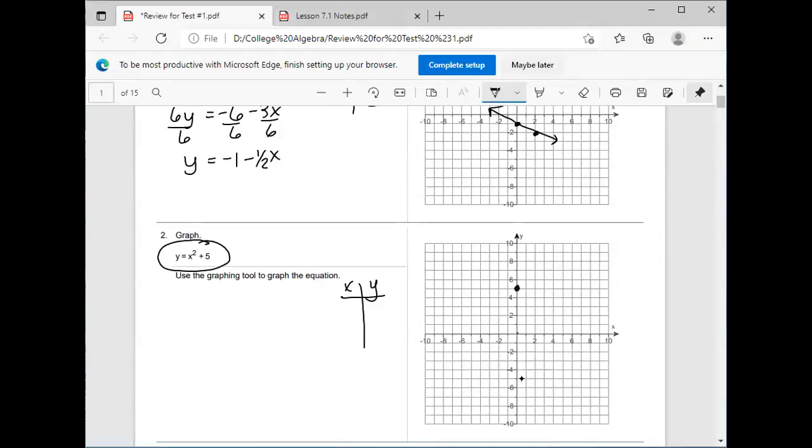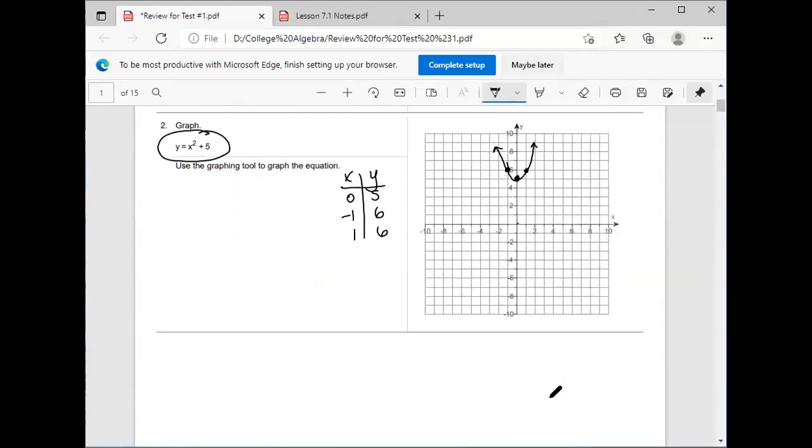Plotted that one first, then -1,6 and 1,6. We do want it to look like a U, because the program's going to do this for us. It's supposed to be a U, not a V, right? Questions about that?